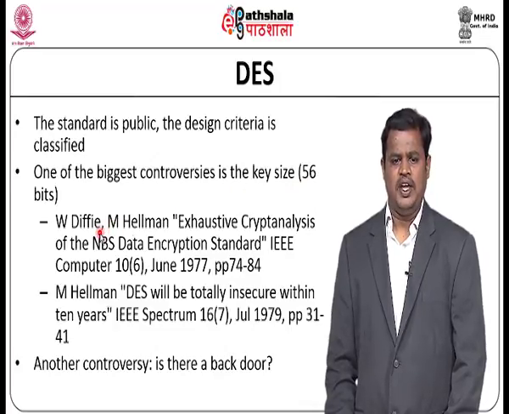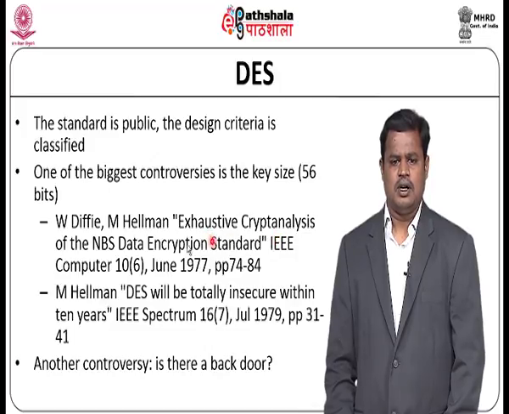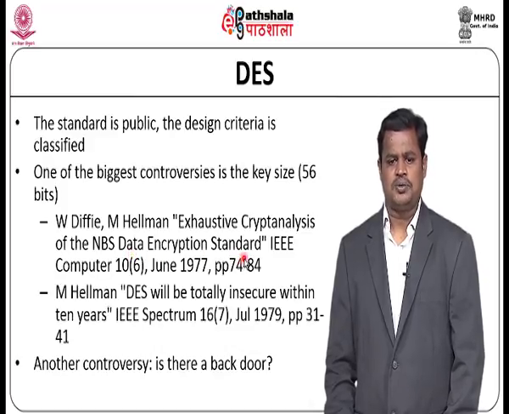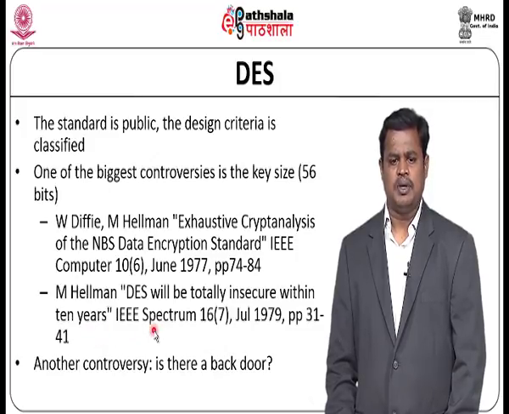Diffie and Hellman used an exhaustive cryptanalysis of the NBS, National Bureau of Standards, Data Encryption Standard, where they broke the algorithm, and they said DES will be totally insecure within 10 years, which we can refer to in IEEE Spectrum in 1979.